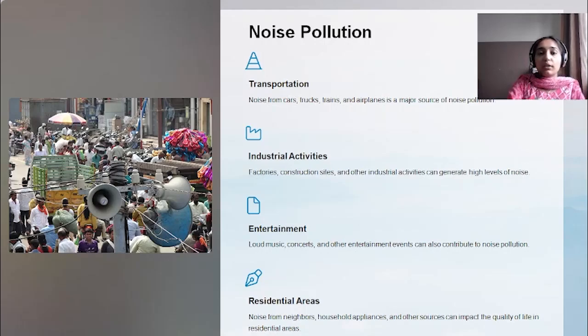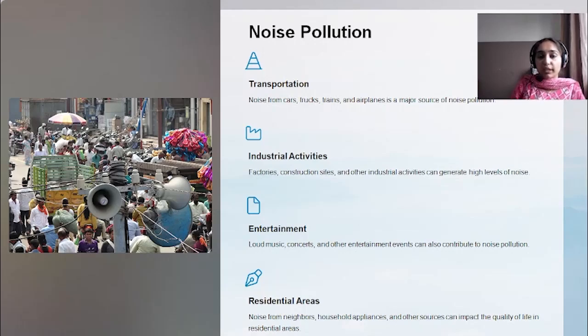Now, transportation. How is transportation responsible for noise pollution? The noise coming out from cars, trucks, trains, and airplanes is a major cause of noise pollution. The sound comes out by honking the horn from cars, trucks, or trains, and by planes taking off. When there is a high pitched sound coming out from these transports, it is a major source of noise pollution.